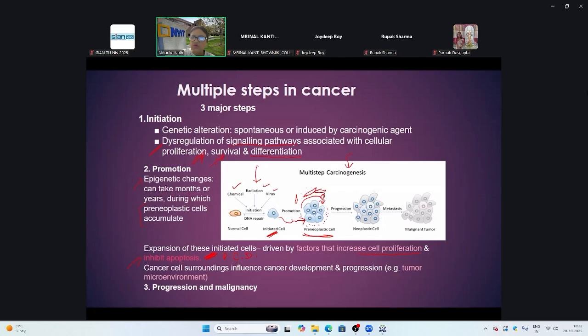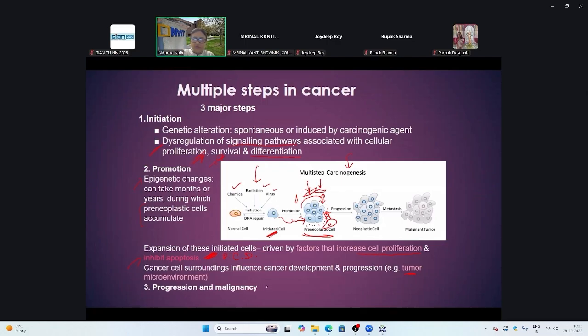There's this talk between these cells, and they are just trying to survive for some time. And the tumor microenvironment is also thinking, well, what is going on here? Should these odd cells stay, or should they not stay? And so there is a communication going on until they start to really progress.